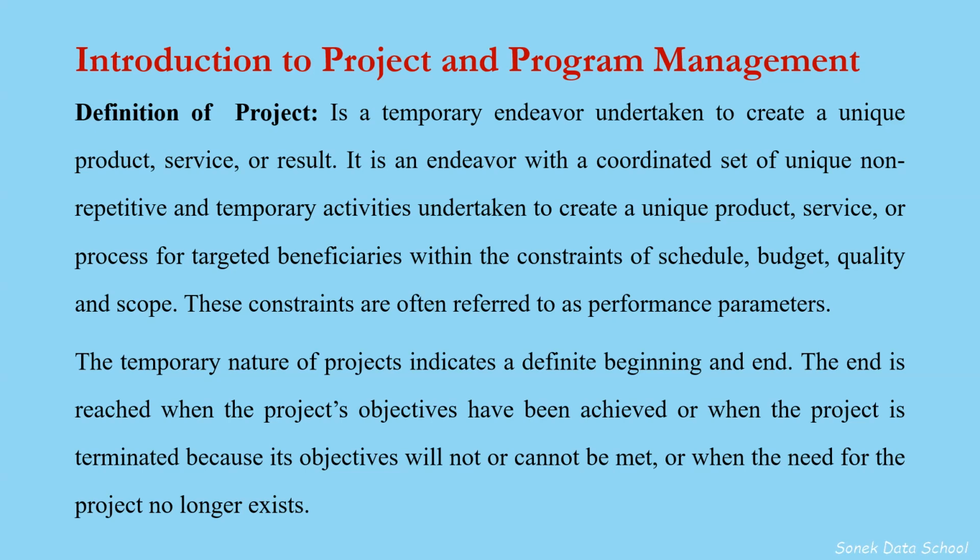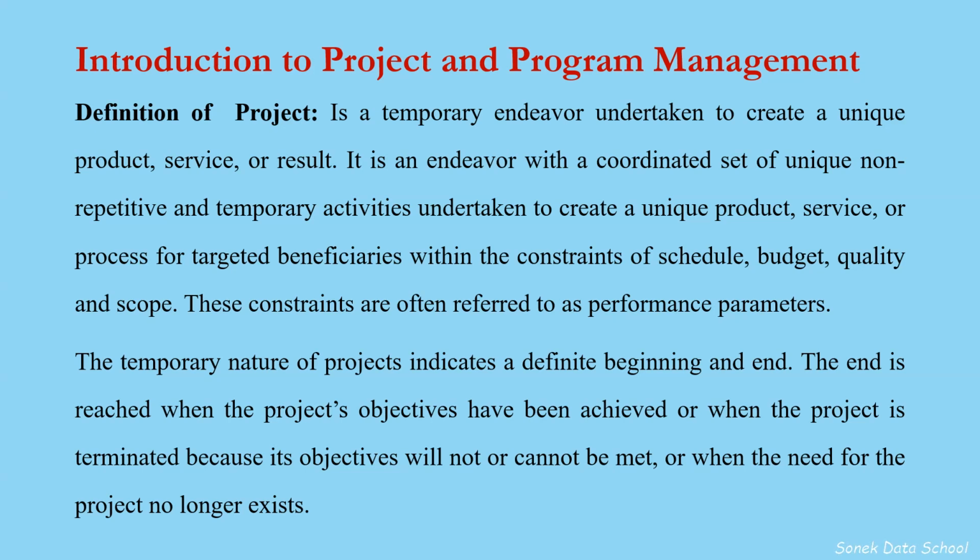So the temporary nature of projects, as I said earlier, indicates a definite beginning and end. The end is reached when the project's objectives have been achieved. Remember, there is a time we are going to end our project, and this will be when we have achieved the objectives.